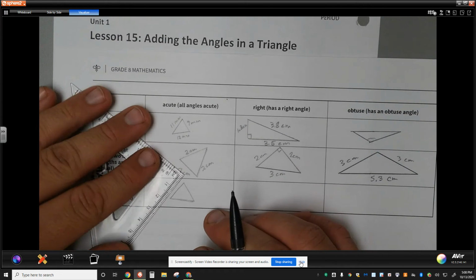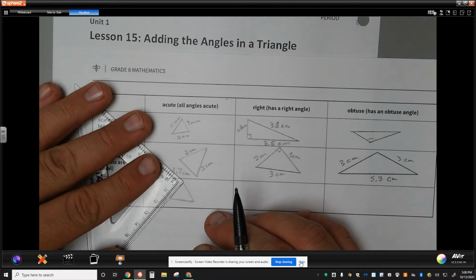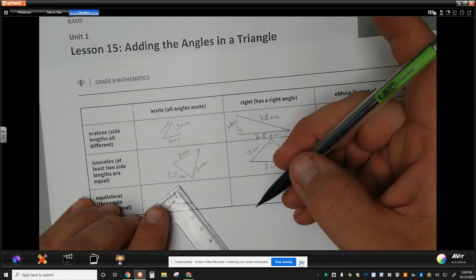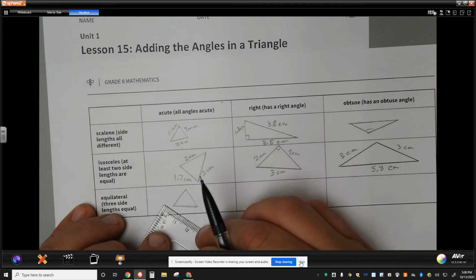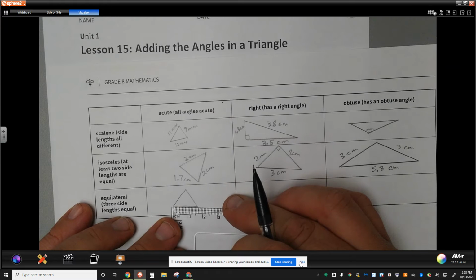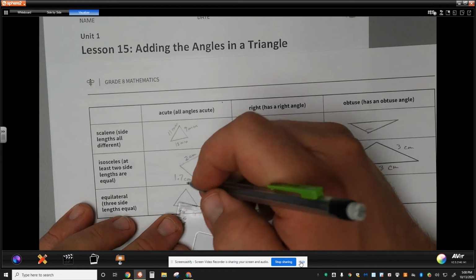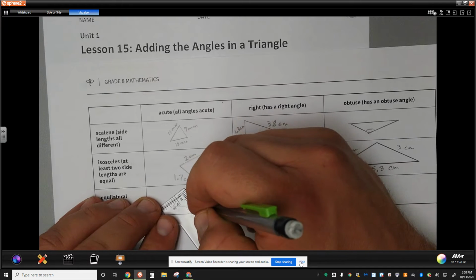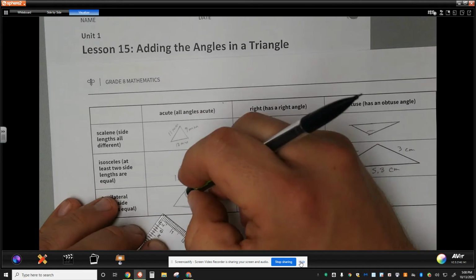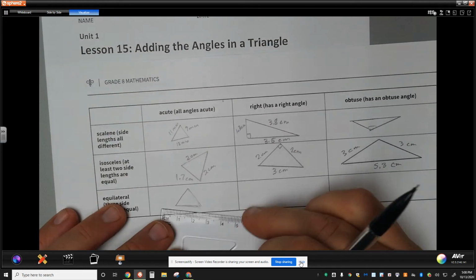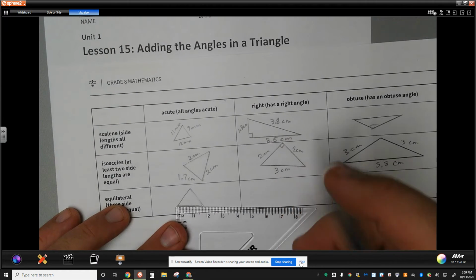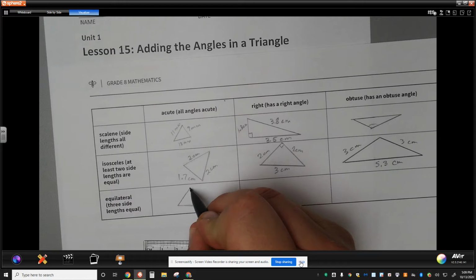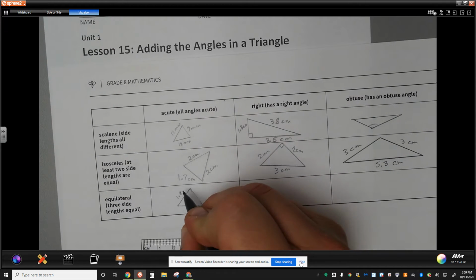There's 1 7/10, almost 1 7/10. Oh, 1 8/10. Let me measure this again. 1 7/10. So maybe I need to open this up just a little bit more to make that 1 8/10. That was pretty good. And 1 8/10. I know this is an equilateral triangle because all 3 sides are 1 8/10 units long.